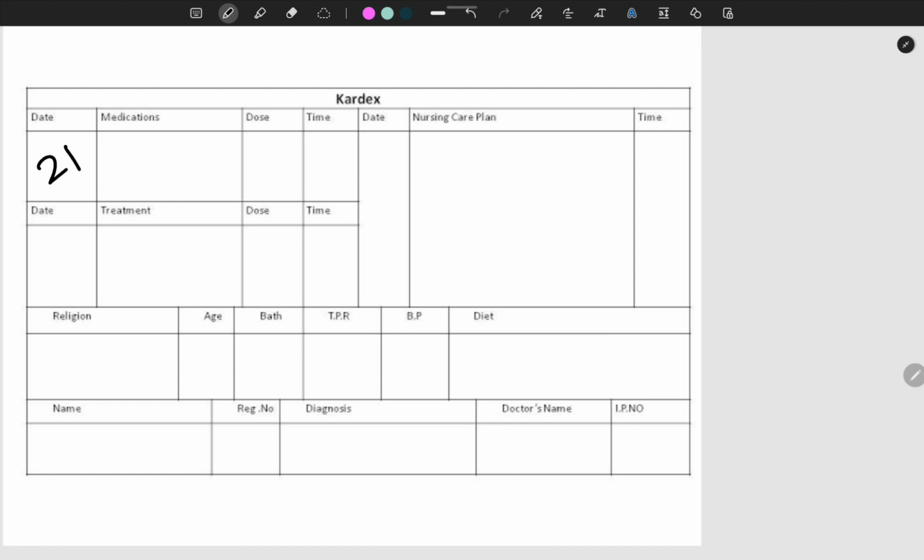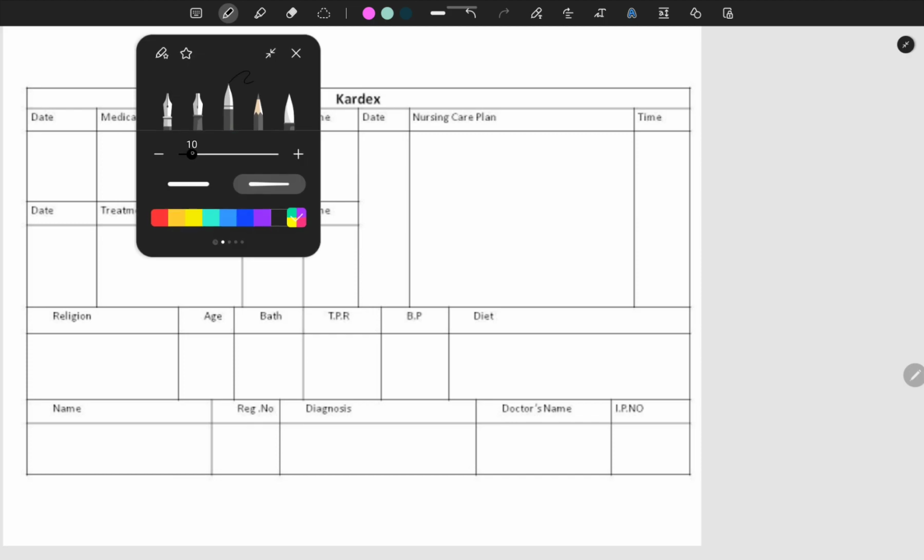Today you have taken the patient, that is the 21st date, and the medications which the doctor has advised you have to write here, whether it is IV, oral, intradermal, subcutaneous, whatever it may be. You have to write the medication name here.